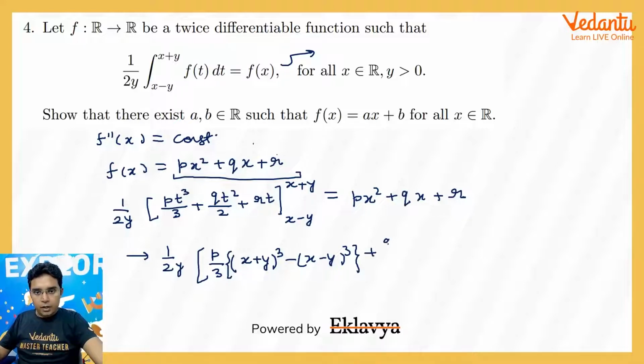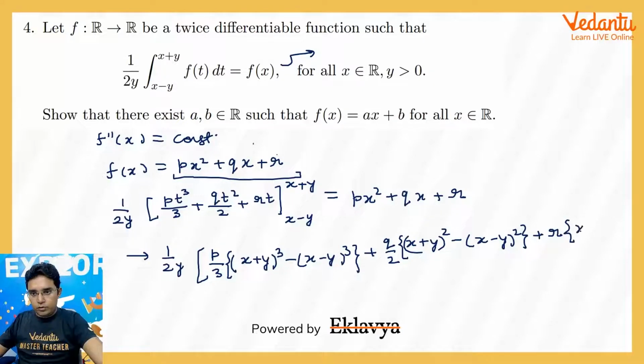And similarly q by 2 t square will be x plus y whole square first minus x minus y whole square, and then r into x plus y minus x minus y, and this has to be equal to p x square plus q x plus r.